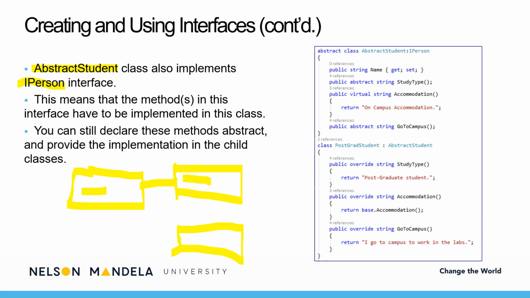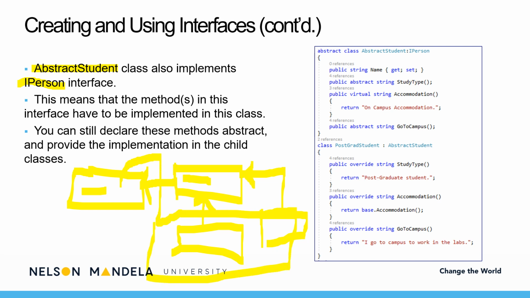Abstract student inherits from IPerson, and the types of students, I think it was a postgrad student and an undergrad student, these both inherit from this class. So now this IPerson is an ancestor to both of these classes.